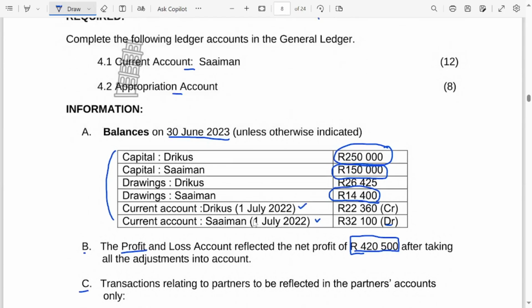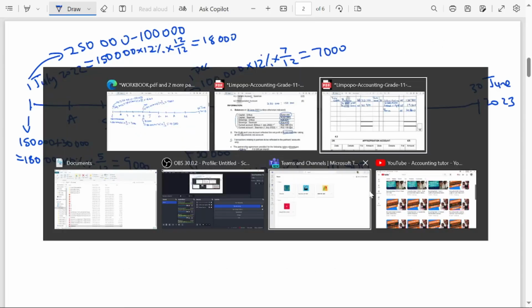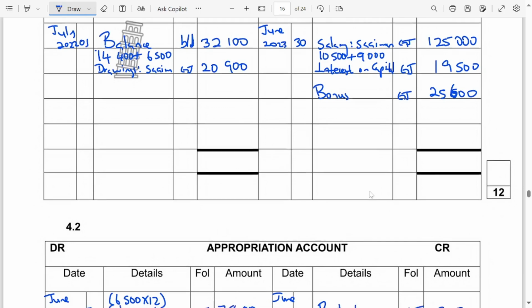The one for Dracos is 250,000. And then the one for Seaman is 150,000. Right? So now we can use this ratio to share the remaining profit between the partners. So let's go and do it.